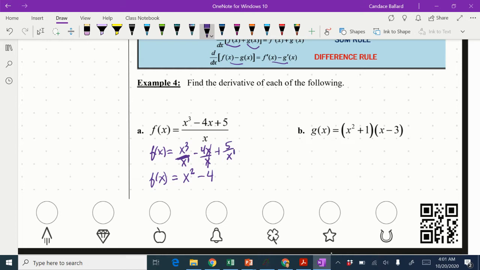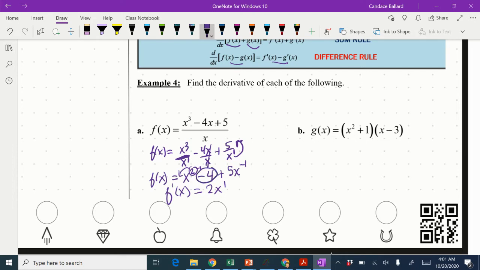In order to take this derivative, I need to bring this exponent upstairs, so I'd have plus 5x to the negative 1. Now I'm in the sum and difference rule, and I can take the derivative. Now that it's all on the same level, there's no denominator anymore. So f prime of x, remember that notation means that I'm now taking the derivative. I bring the exponent in front, and I subtract 1 off of it, so I get 2x to the first.